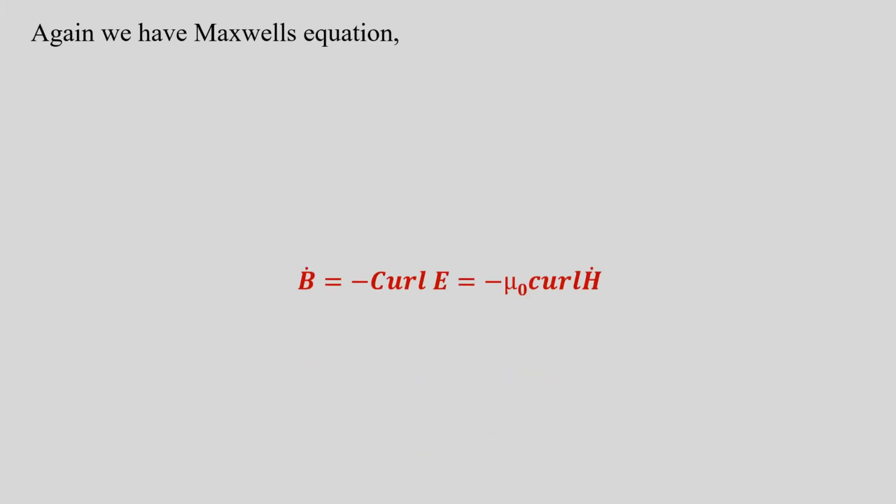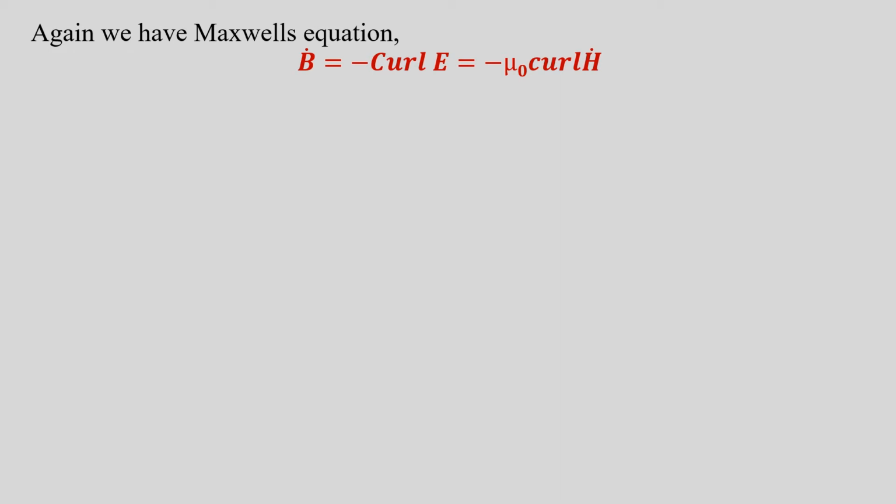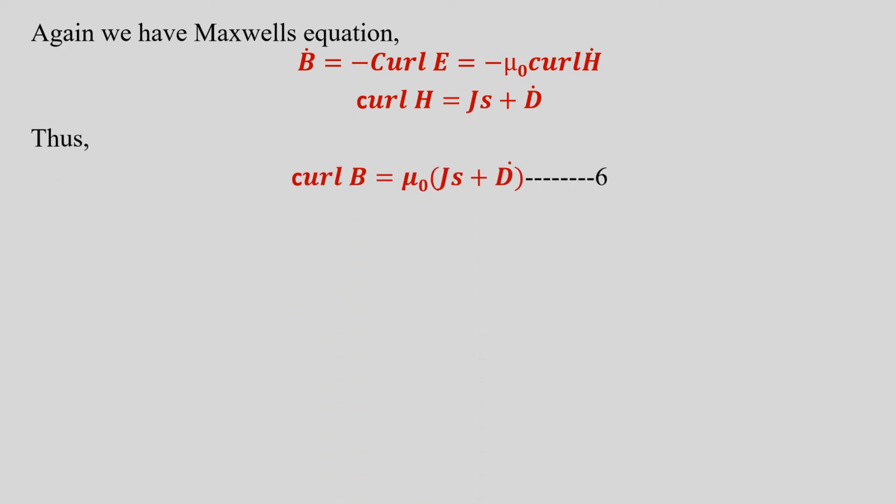According to Maxwell's equation, B dot is equal to minus curl E, equal to mu 0 curl H dot, and curl H is equal to Js plus D dot, where Js is the supercurrent density and D dot is the displacement current. Thus, curl B is equal to mu 0 times Js plus D dot.